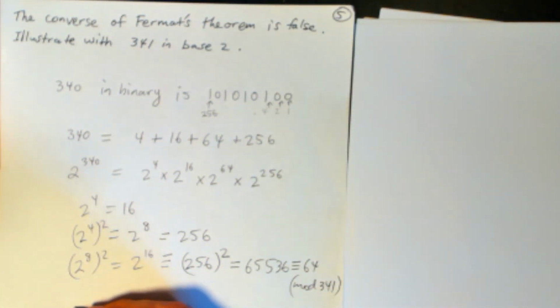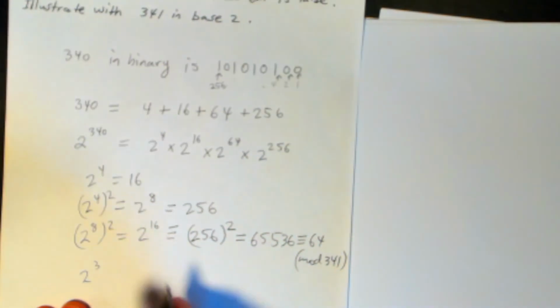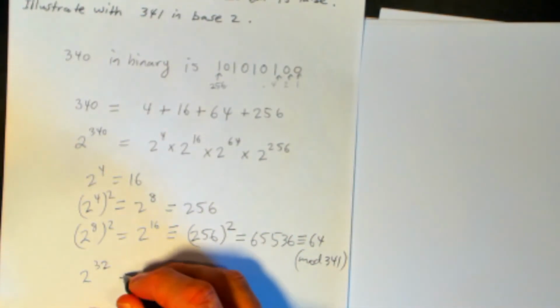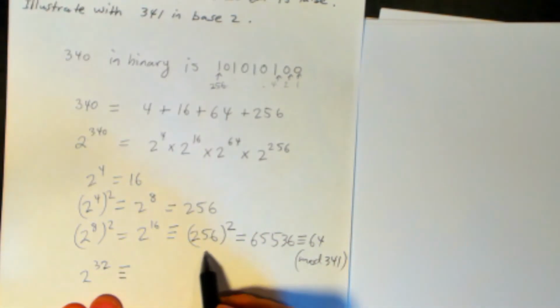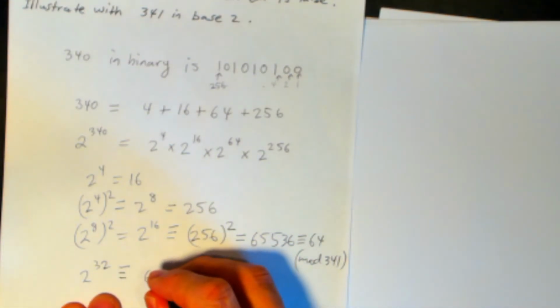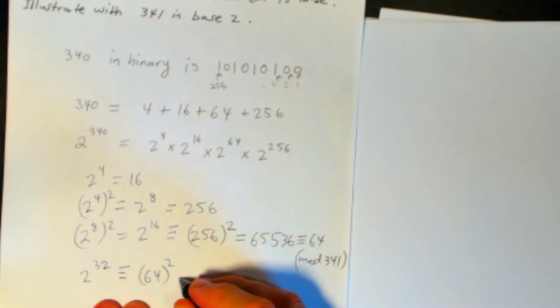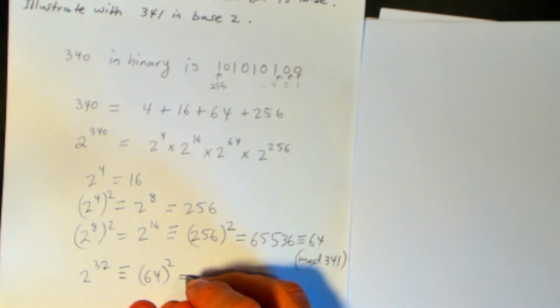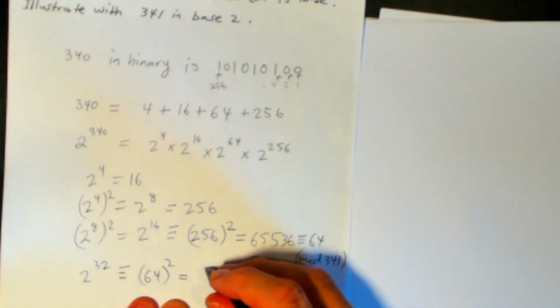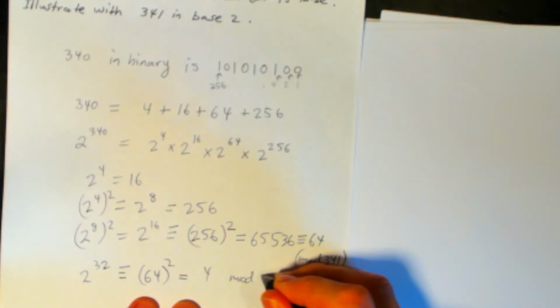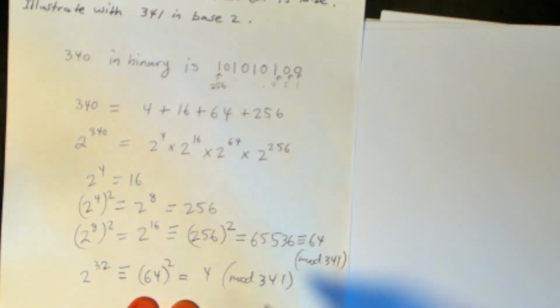Okay, next, 2^32 is congruent to 64 squared, which is 4 mod 341.